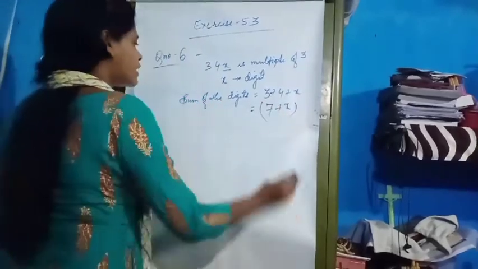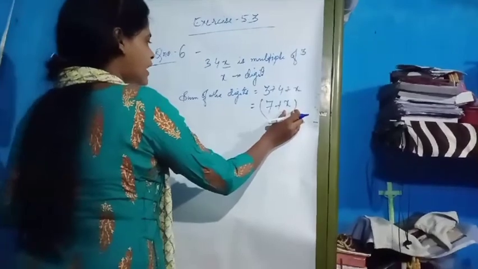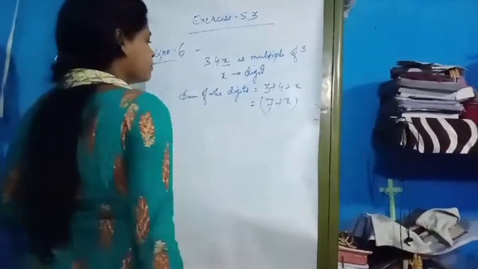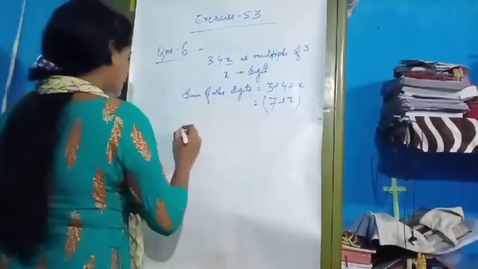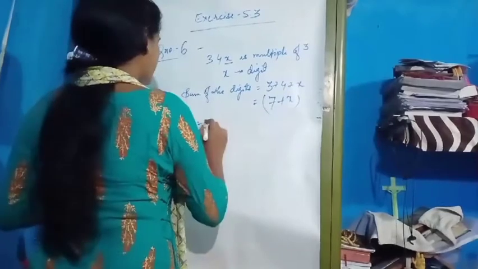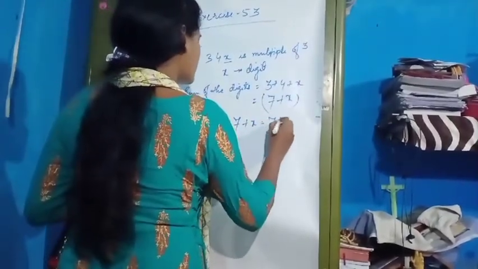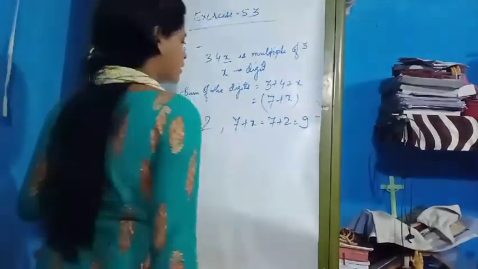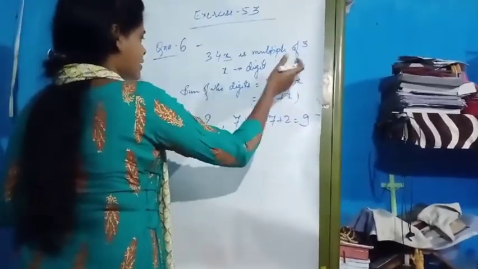Now you tell me what number you will add here so that you will get a multiple of 3. So if I take x is equal to 2, then the value is 9. 9 is divisible by 3. So then this number is divisible by 3.